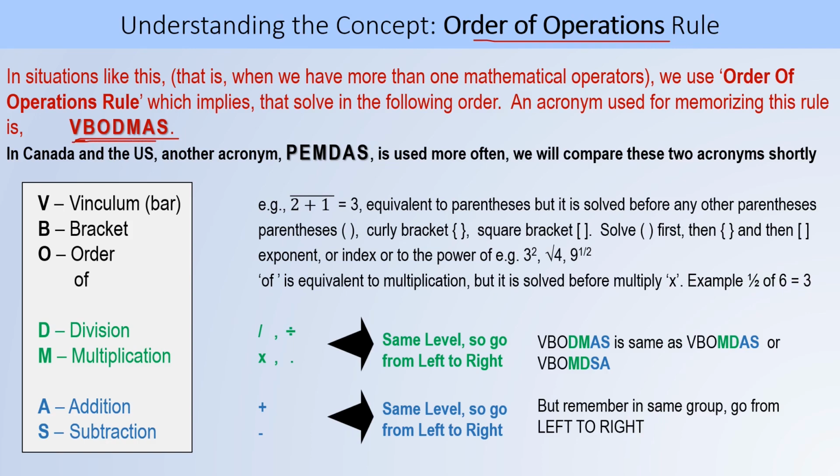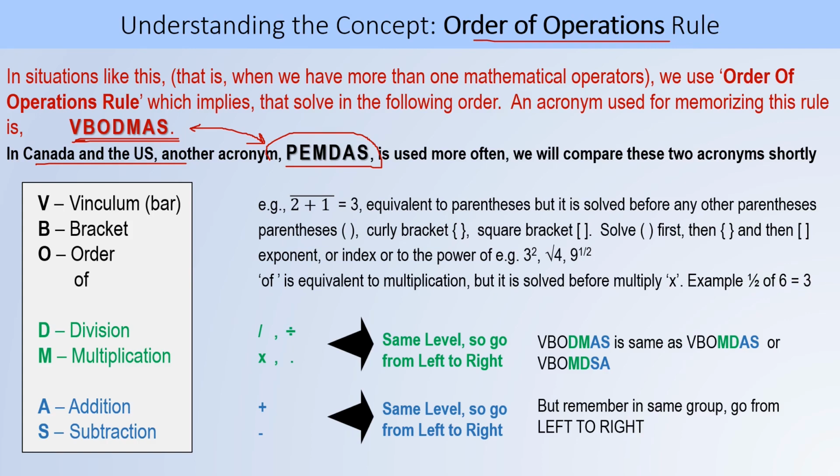This VBODMAS is the acronym used throughout the world, but predominantly in Canada and the US we use the acronym PEMDAS more often. We shall see in this video what the distinction or difference between these two acronyms is, if any, and we shall compare it later in this video.